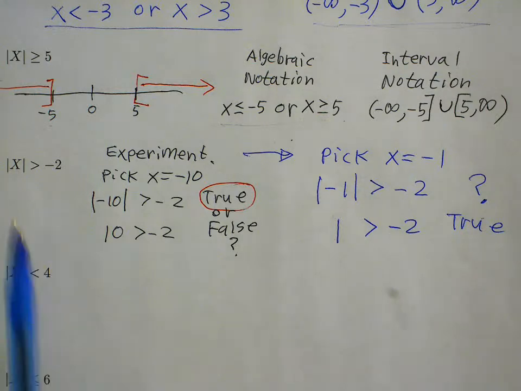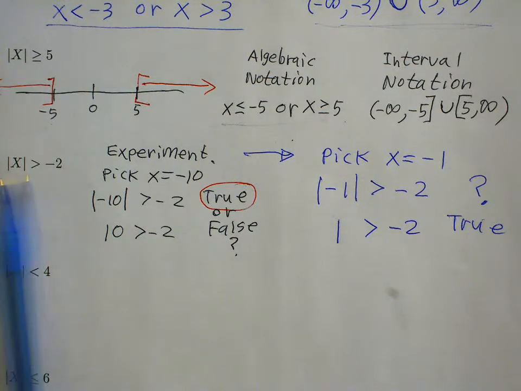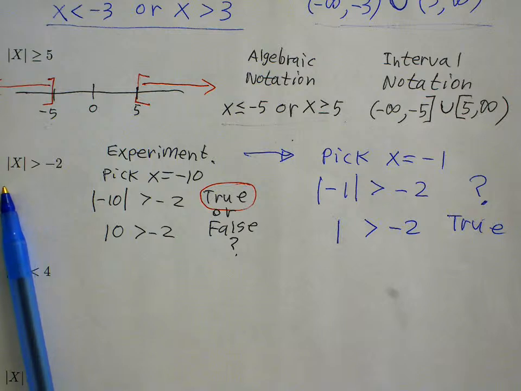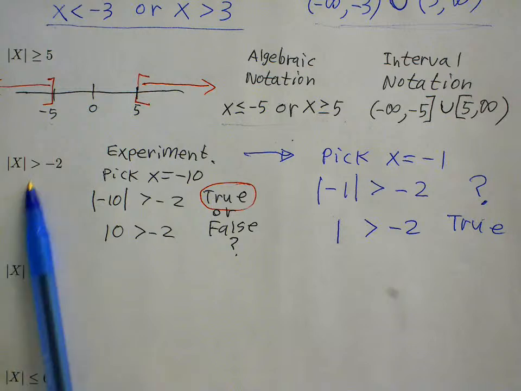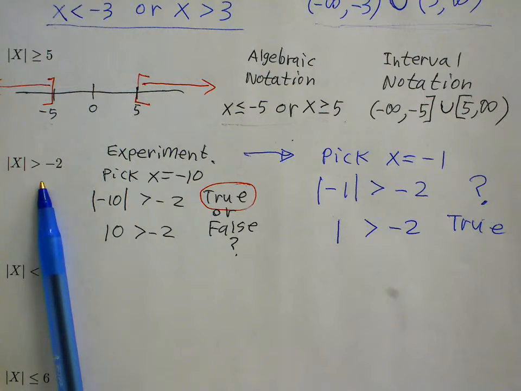Right? So the smallest that the absolute value of x could be is 0. Is 0 greater than -2? Yes, 0 is greater than -2. And any other real number has an absolute value that's positive. And a positive number is always greater than a negative number.